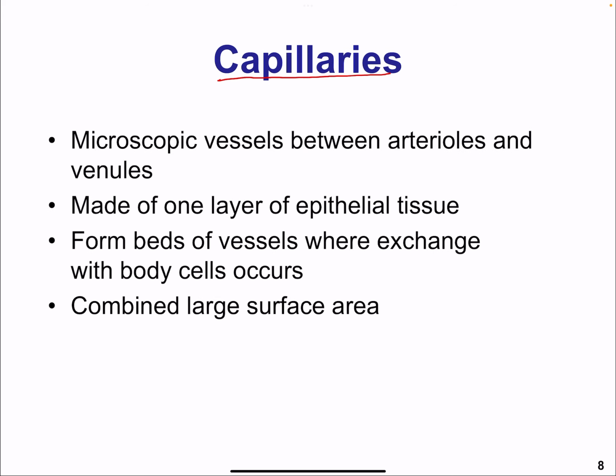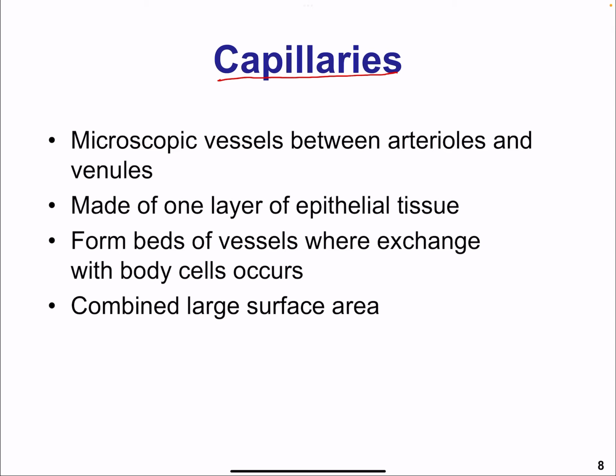How about the capillaries? The capillaries are the smallest blood vessels you can find in the body. They are considerably different from arteries and arterioles, and even venules and veins, in the sense that while arteries and veins are made up of 3 layers of tissues, the capillaries are made up of only 1 single layer of tissue.